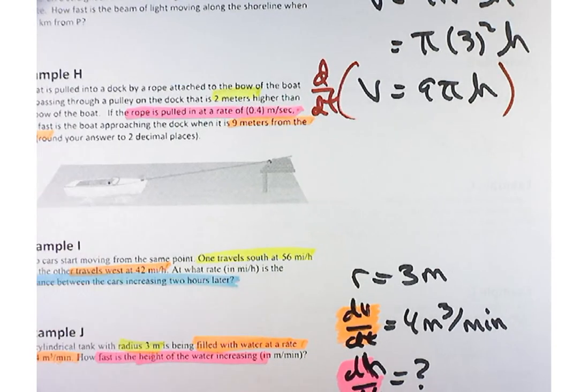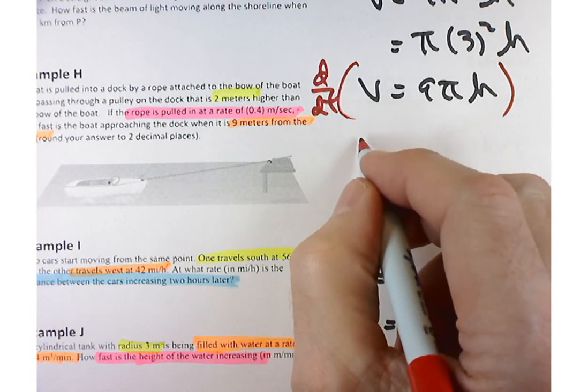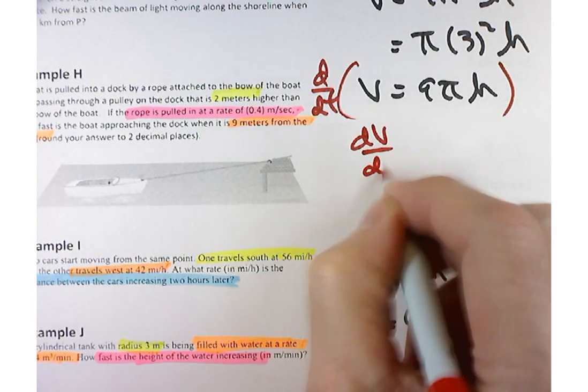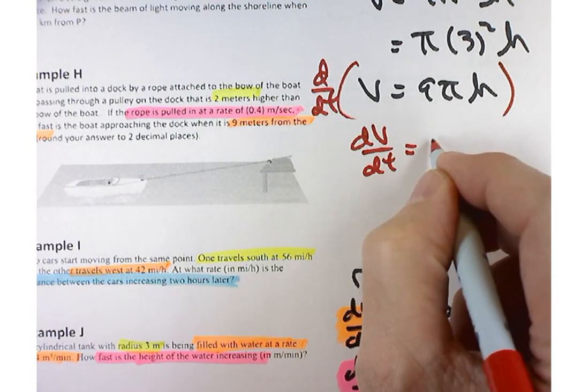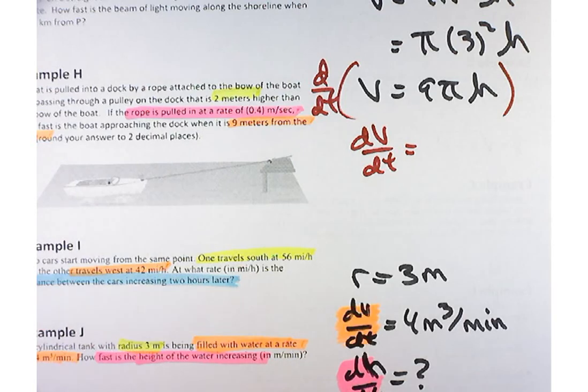And I haven't used any calculus yet, so let's introduce some calculus by taking the derivative. On the left-hand side, I get dV by dt. Let's see. Josie, what's the right-hand side going to be when I differentiate this? 9 pi.